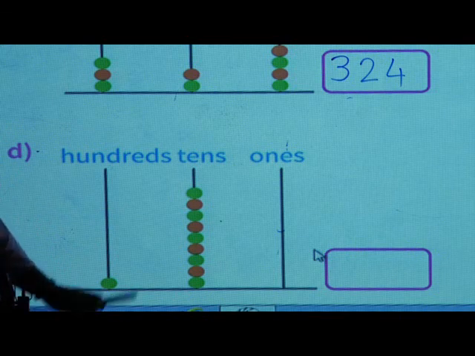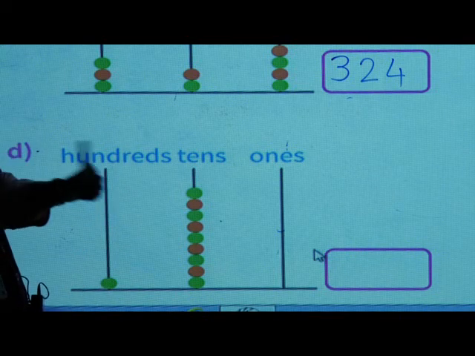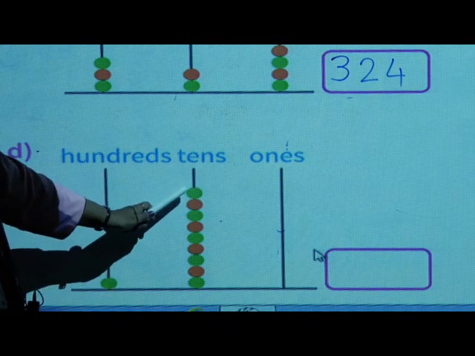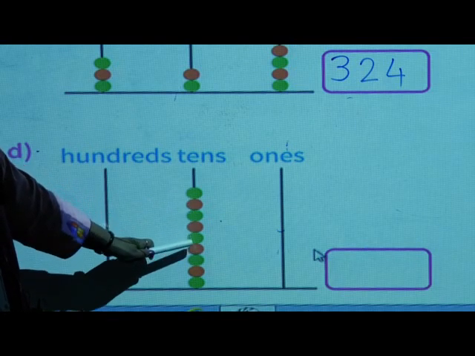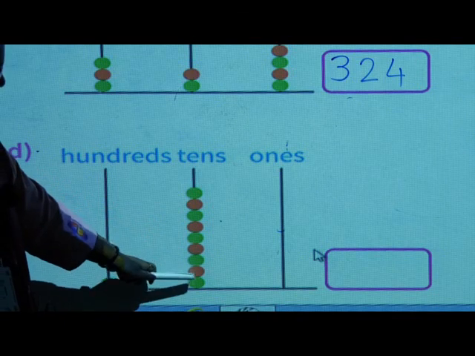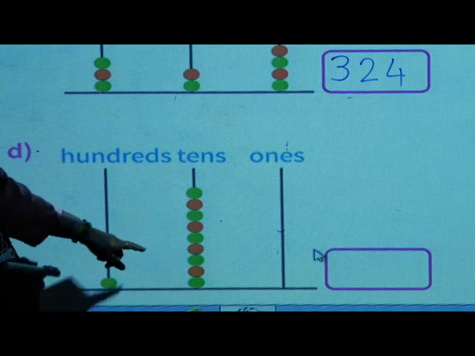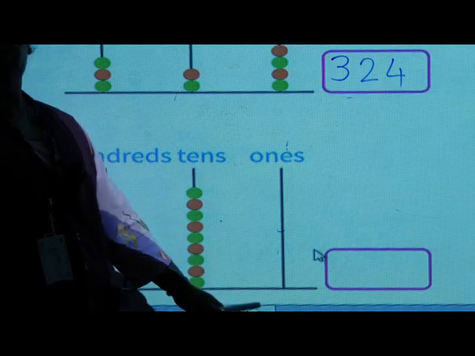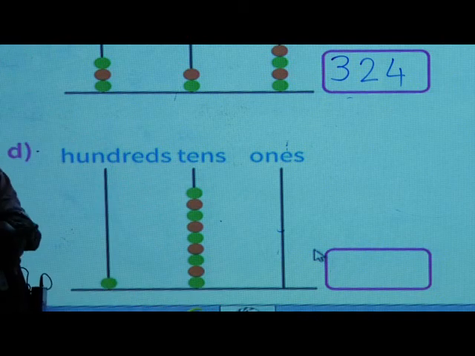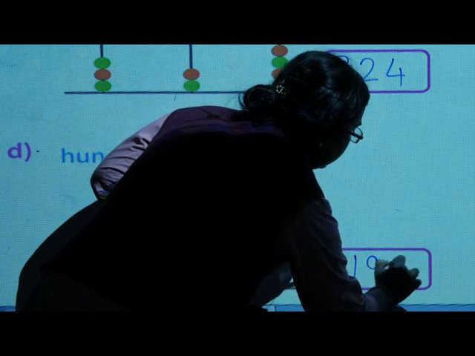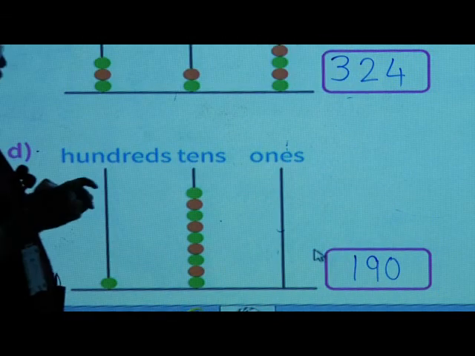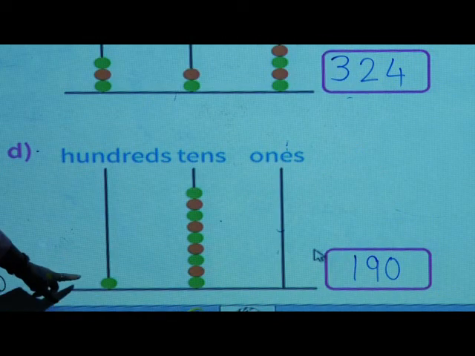No. How many? 9. Come on, count again one more time. 1, 2, 3, 4, 5, 6, 7, 8, 9. Good. 9. And in the ones column, nothing is there. So what will you write? 0. 190. In this way you are going to write.